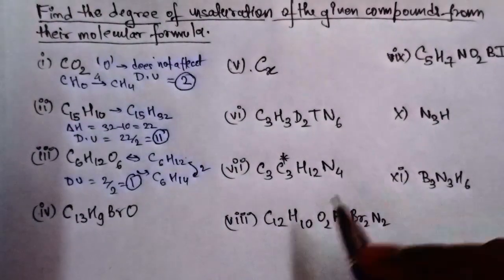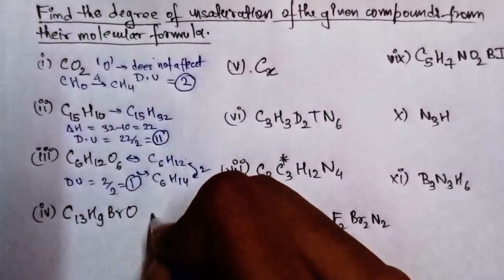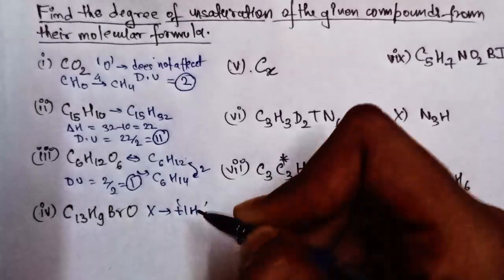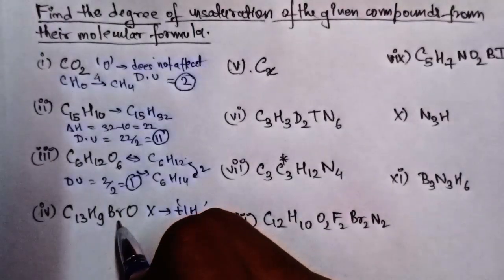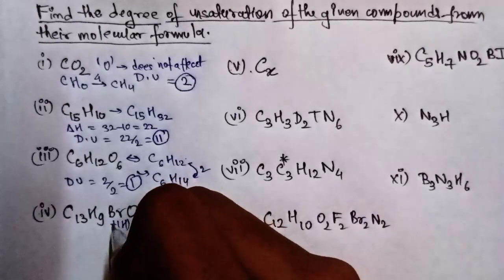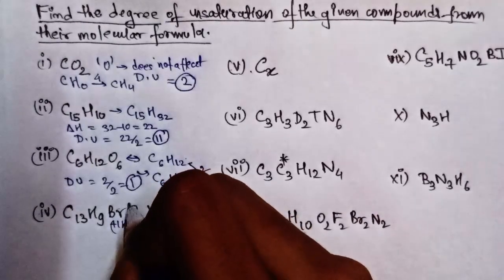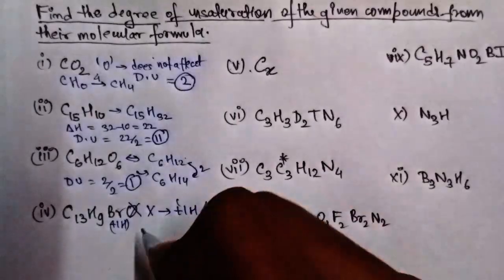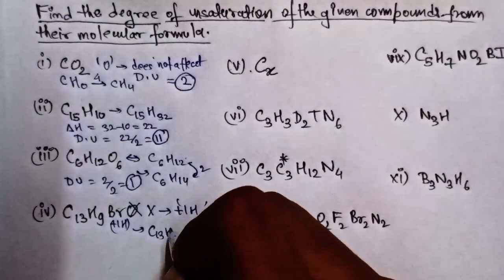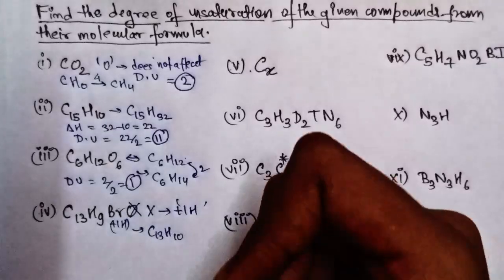For the fourth case, a halogen atom is equivalent of addition of one hydrogen in the molecule. Therefore, this bromine can be replaced by plus 1H. And this oxygen does not contribute to the overall molecular formula. Therefore, the equivalent compound is C13H10.